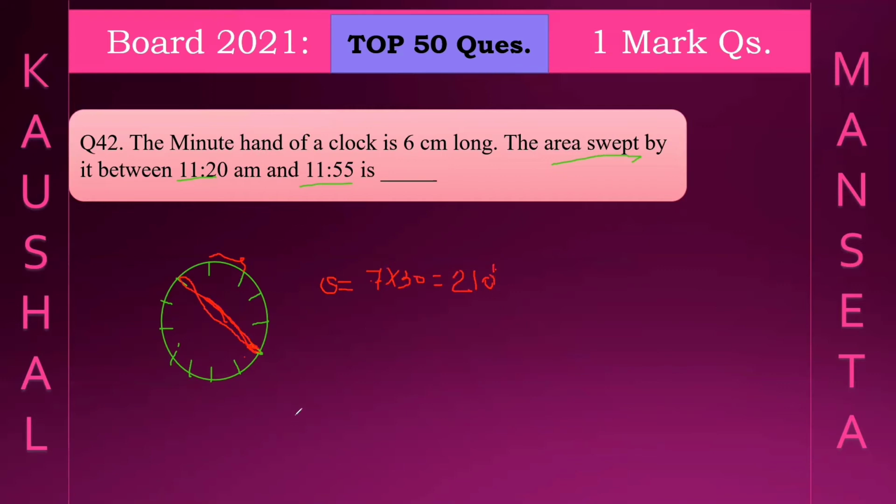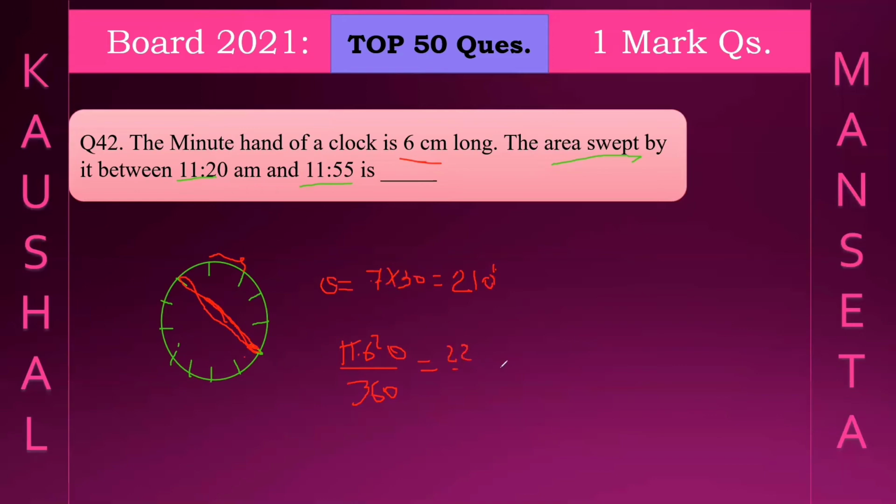So what is the formula to find area? We know that it is pi r square theta upon 360. Yes or no? Here it is given that the value of r is 6, 6 centimeter long. The value of pi is 22 by 7.